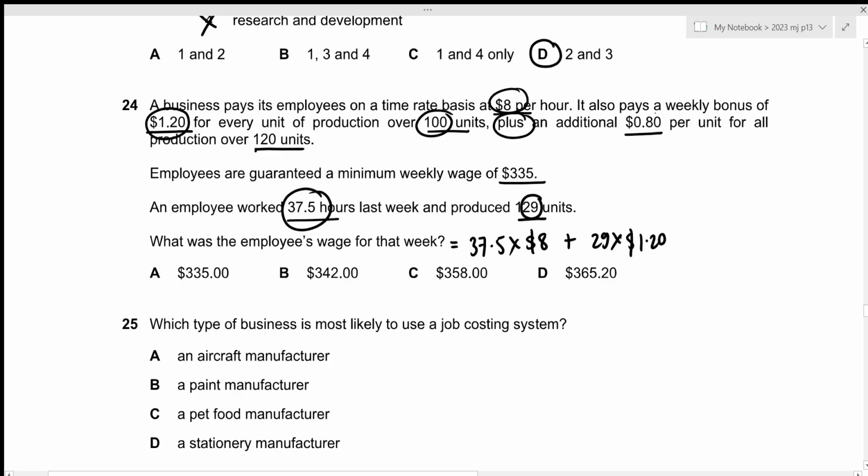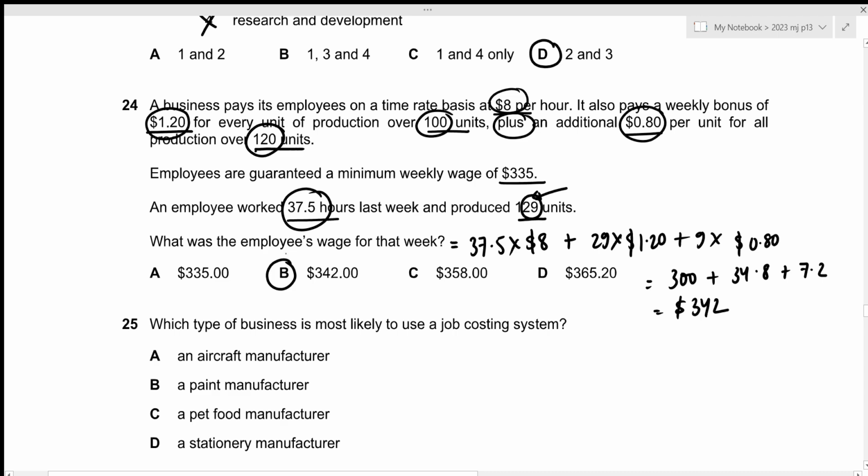Then there's an additional 0.80 bonus per unit for all production over 120 units. Over 120 units, there are 9 units, so for 9 units, there will be 0.80 as well. So that gives 300 plus 34.8 plus 7.2, which results in a total of 342, which is given in option B. Let's move towards the 25th question.